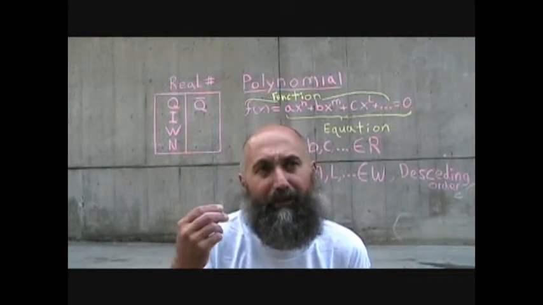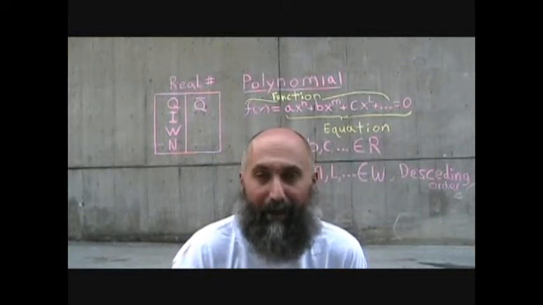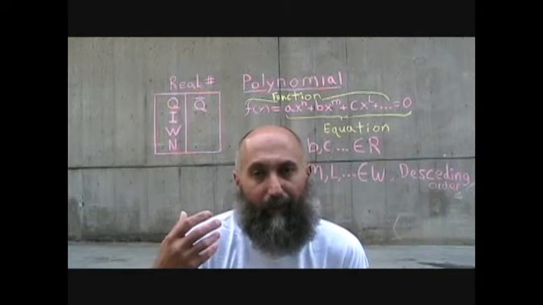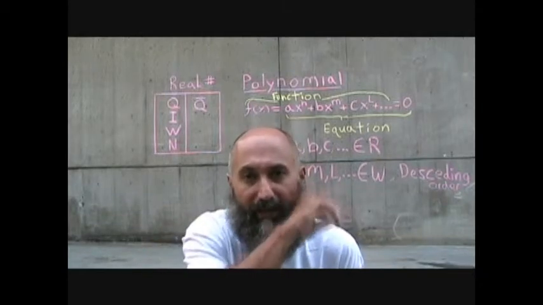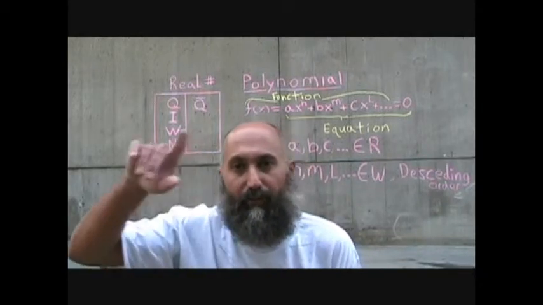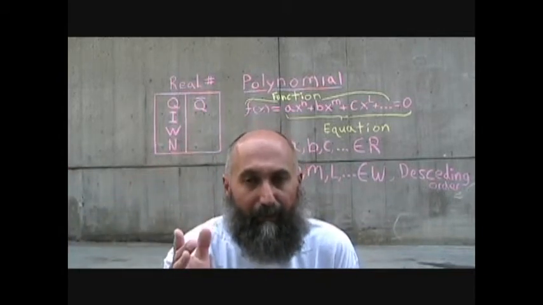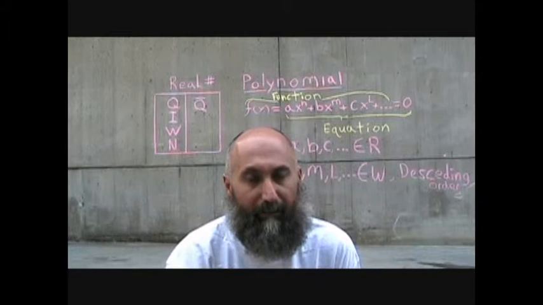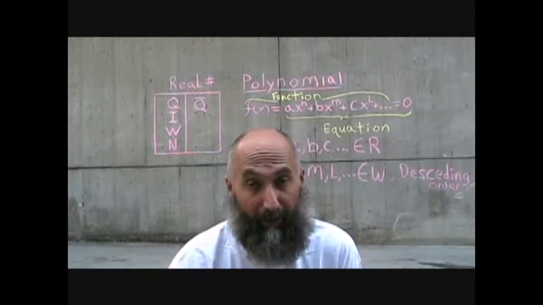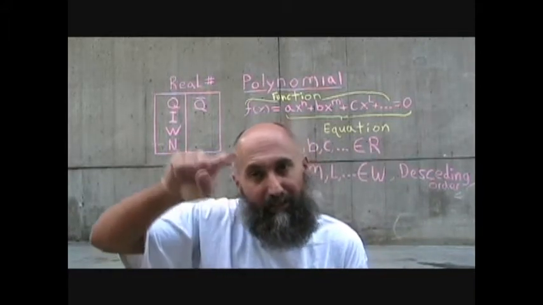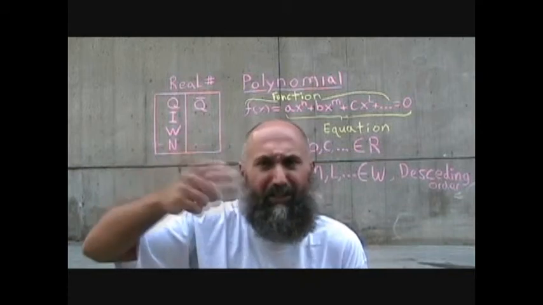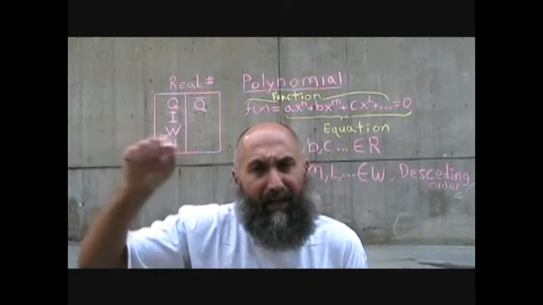What polynomial functions do is they graph smooth curves, without any breaks in them, without any holes in them, without any asymptotes, okay? So they're continuous functions with very smooth curves, okay?